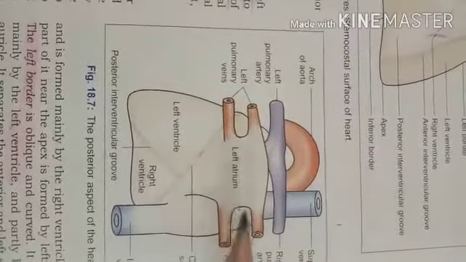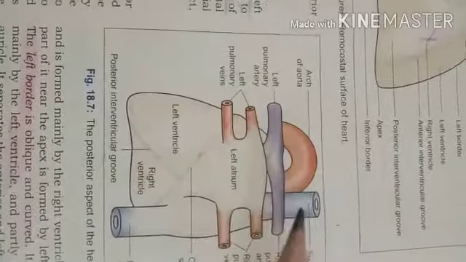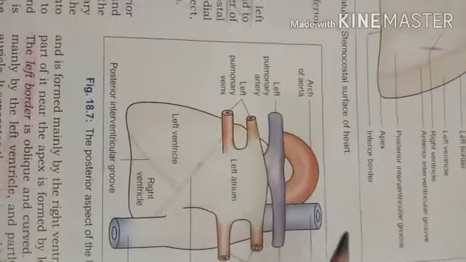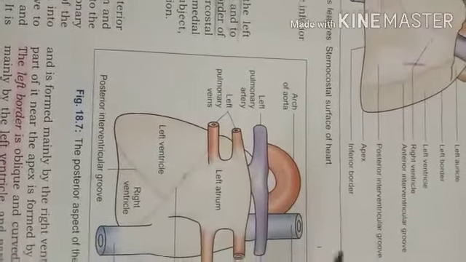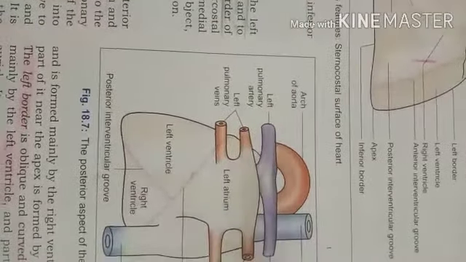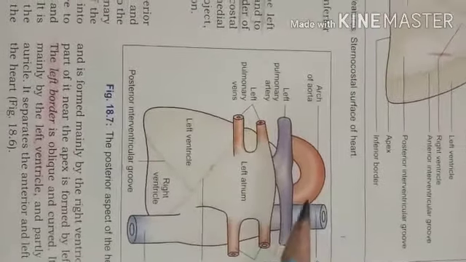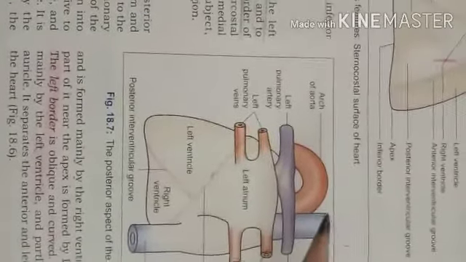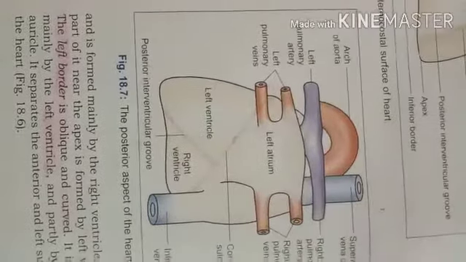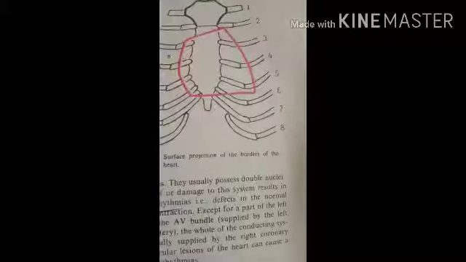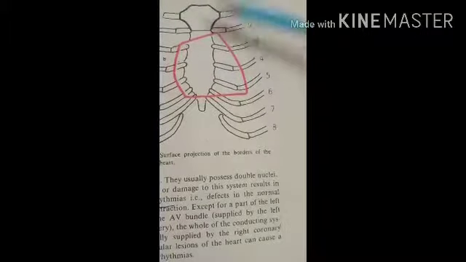You know the fossa ovalis is present in the right atrium of the heart, so the fossa lunata corresponds to the fossa ovalis and is present in the left atrium. In addition to the 4 pulmonary veins, the tributaries of the atrium include a few venae cordis minimae. So that is the left atrium of the heart.